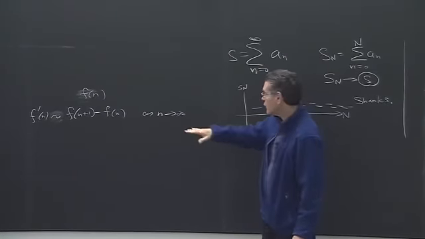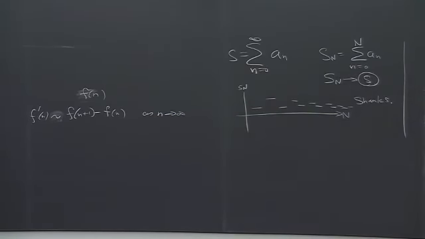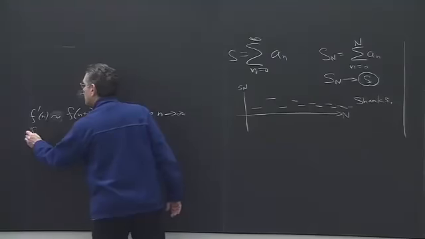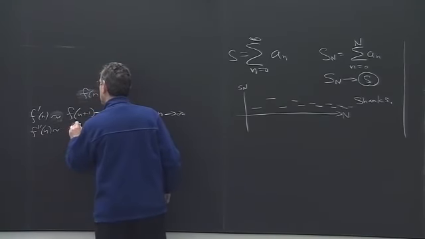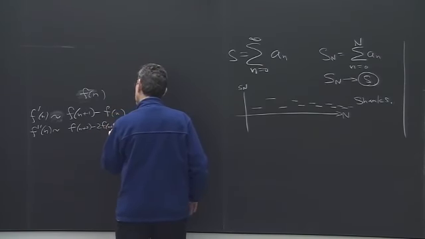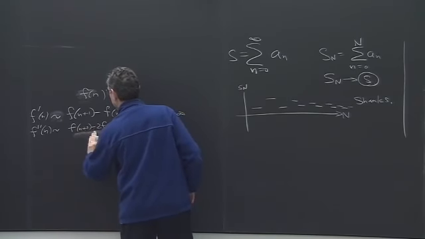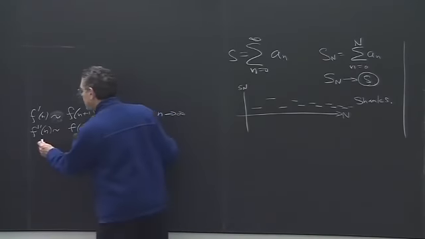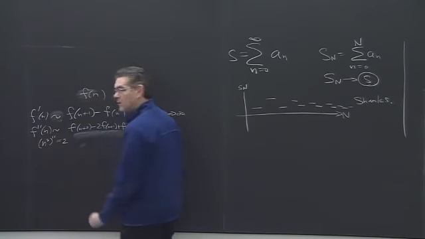Okay? If you have a reasonably smooth function of n, which we do because these functions of n are just polynomials, so they're smooth functions. If you want to calculate the discrete equivalent of the second derivative, that would be f of n plus 2 minus 2f of n plus 1 plus f of n. Okay, so that's the second derivative. And if you take the second derivative of n squared, that is 2.